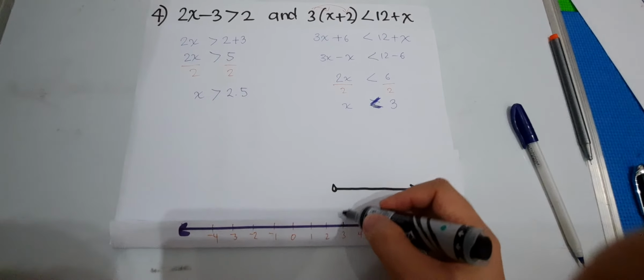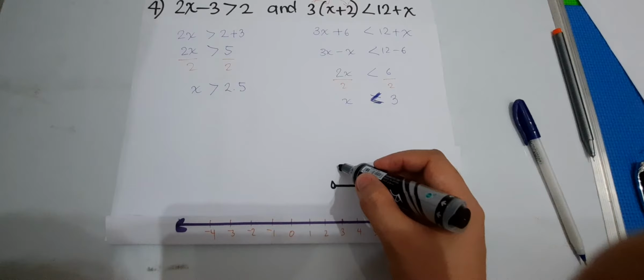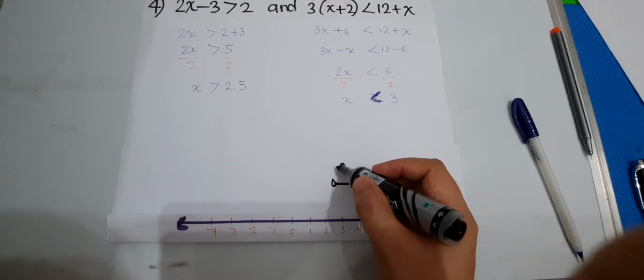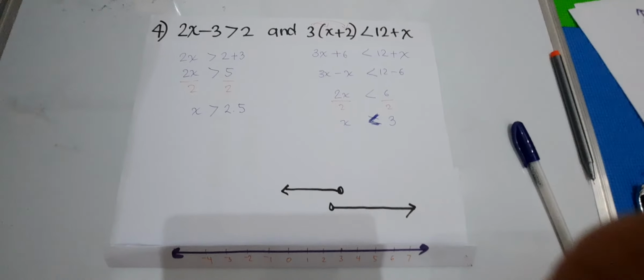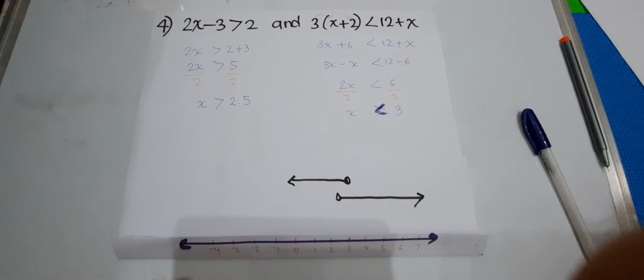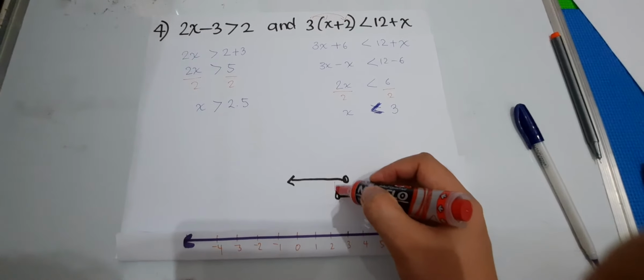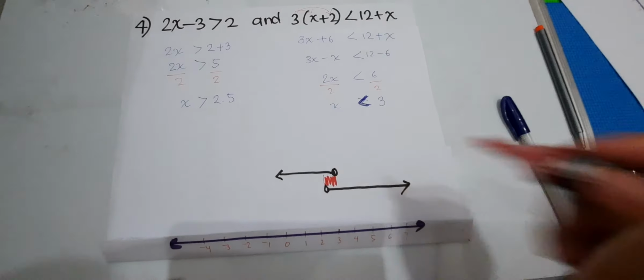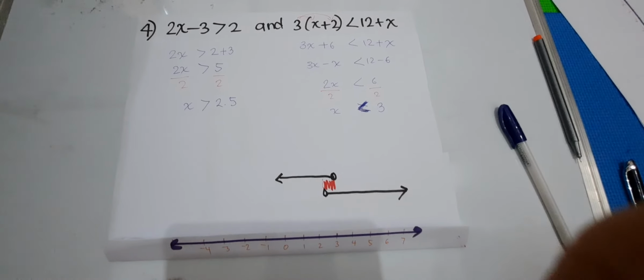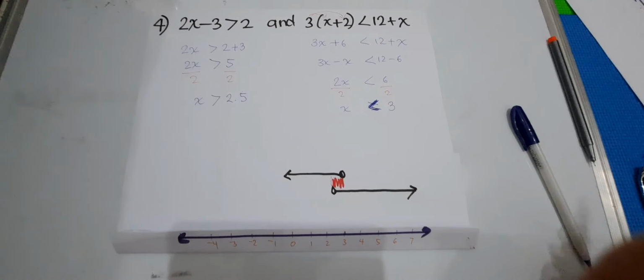Less than 3, this is 3, open, sorry, this should be open, not shaded, going to the left. And then we shade the part where they are together, which is from here till here. What value is this? 2.5, and this is 3. So there is an overlapping value.